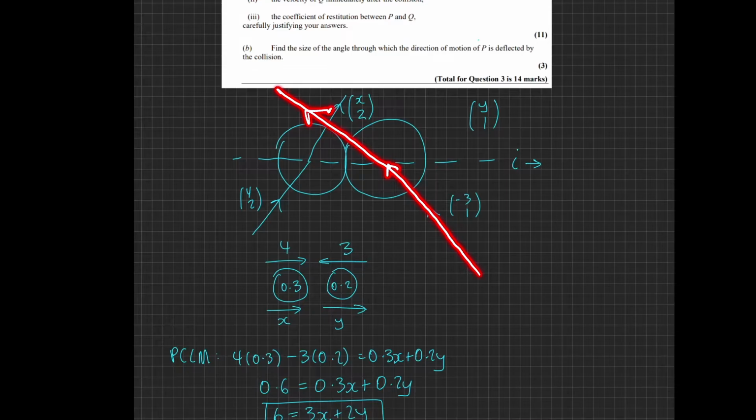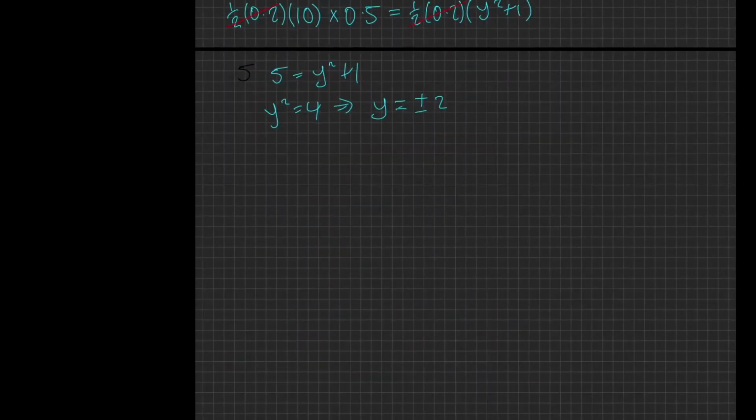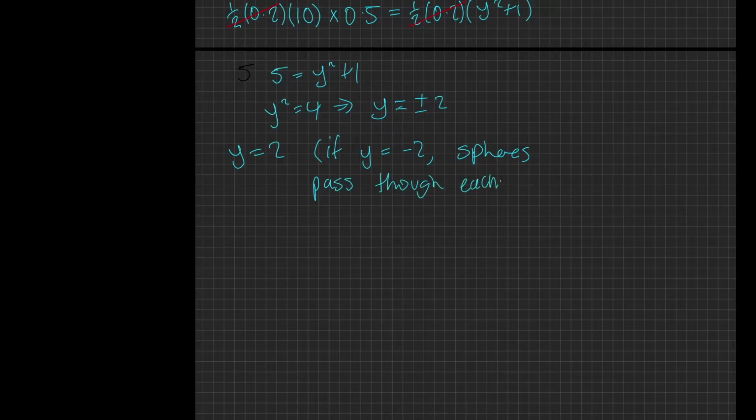That can't happen, and that's just not physically possible. So it can't be -2. Hence, y has to be +2. We're only going to take the positive root, because if y equals -2, the spheres pass through each other. So we have to take the positive solution.